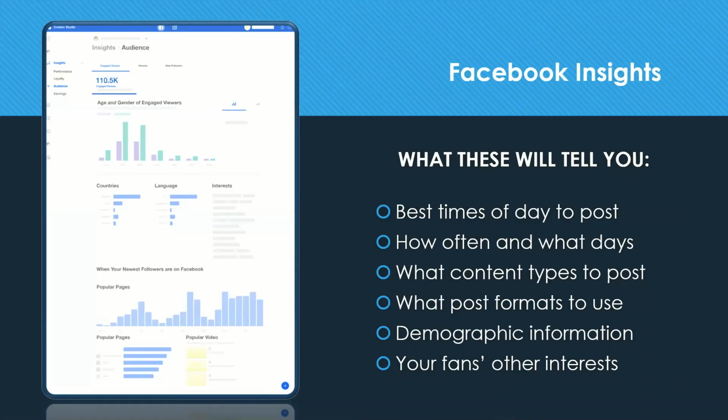What are people apparently most interested in? What do they engage with the most? What post formats do people seem to like the most? What do they click on? What do they linger on? It'll tell you the demographic information of people that are currently engaging with your page. And it'll also give you an insight into those fans' other interests.